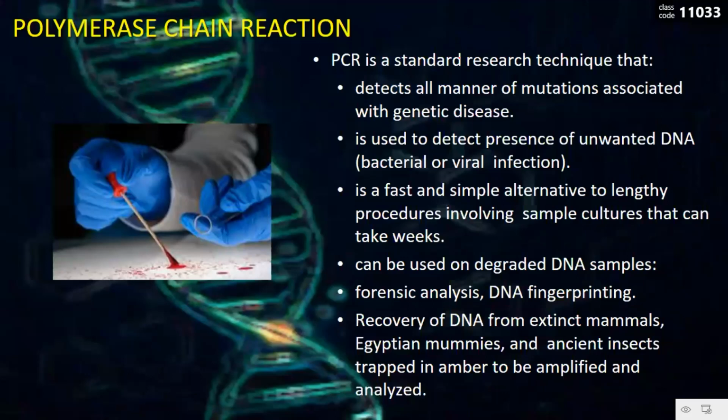So PCR is being used in detection of mutations associated with genetic diseases. Ano pa? Detect presence of DNAs ng mga viruses, ng bacteria. Forensic, no? Meron tayo tinawag, di ba, na forensic chemistry. No, gumagamit sila nito. Halimbawa, there is a rape victim. Gusto makita kung sino ang salarin, ma-confirm na siya nga ba ang salarin.